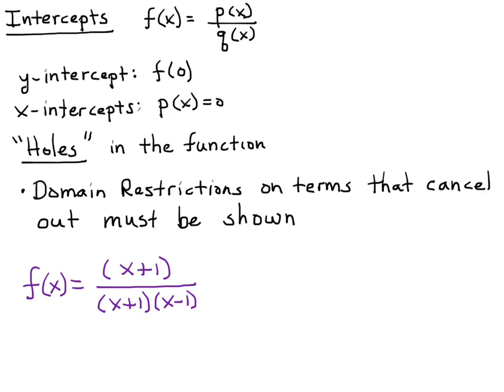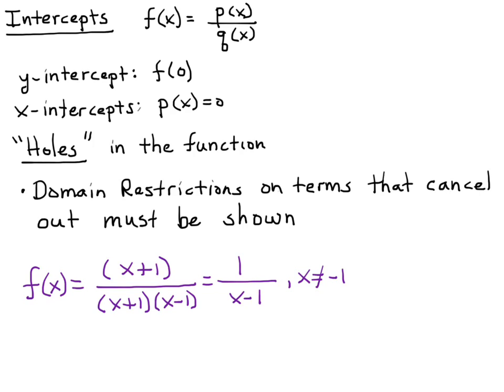If I have this, it simplifies by canceling out those two terms into 1 over x minus 1. But remember that you have to restrict the domain here, where x can't equal negative 1. Even though that's a perfectly good number, negative 1 minus 1 is going to be negative 2, it's actually going to have a hole because your function is not defined there.